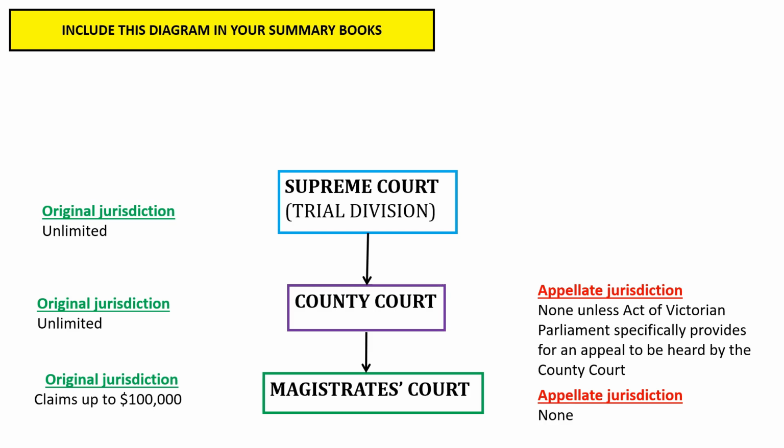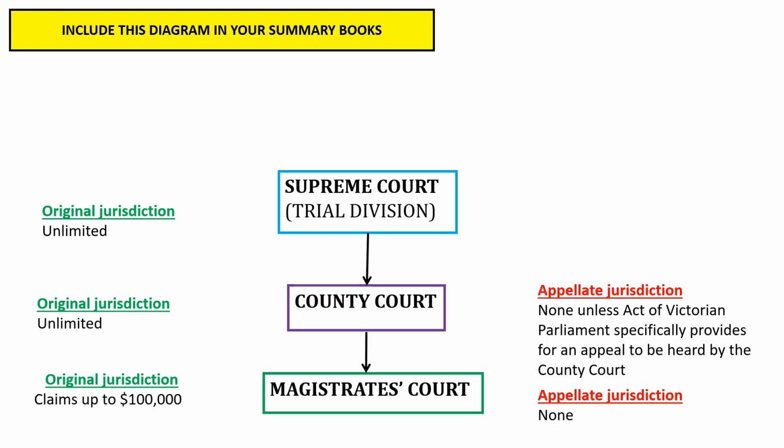Now, you might ask, given that both the County Court and the Trial Division have the same original jurisdiction, how do we know whether it's the County Court or the Trial Division that will hear a particular civil dispute? The answer is that it is up to the plaintiff, that is, the party that brings the civil dispute to court in the first place.